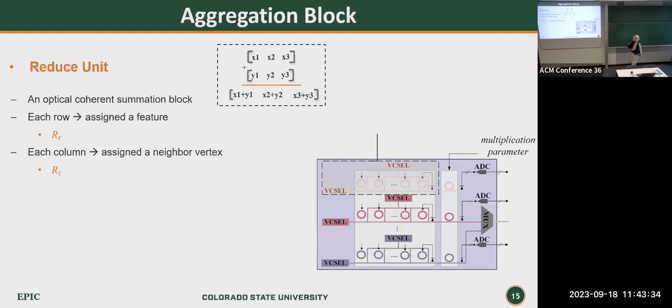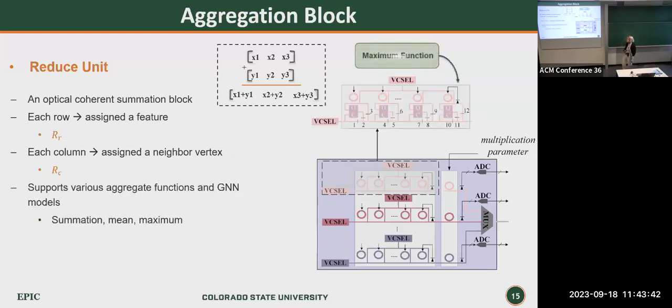And if you remember how optical coherent summation operates, all the signals in one row will be added together. And this configuration allows us to support various aggregate functions and thus GNN models, such as summation and mean. And even for the maximum function, we just do a very small alteration where we would be using optical comparators as shown here.